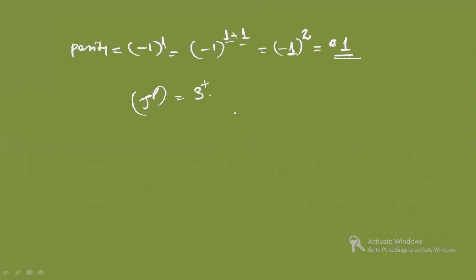Now we will see the magnetic moment. So the nuclear magnetic moment is the magnetic moment of an atomic nucleus that arises from the spin of the protons and neutrons. For the spin of the proton and neutron, we get the nuclear magnetic moment.